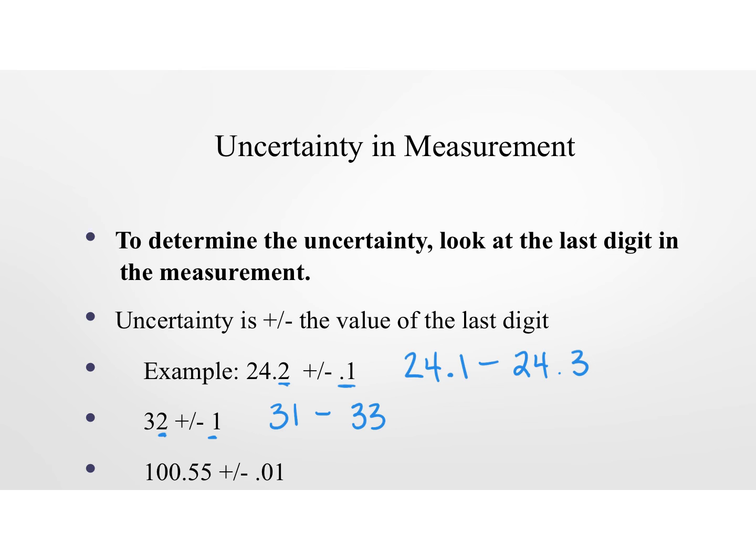And then finally, let's say we measure 100.55. That last 5 is in the hundredths place. So then your uncertainty is just plus or minus 1/100th. So that means the true value of this measurement is 100.54 to 100.56.